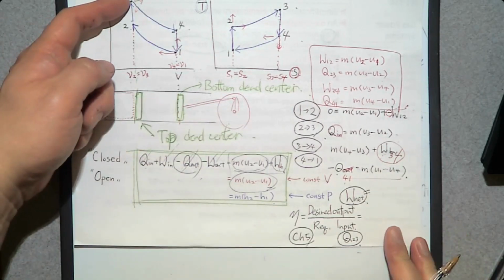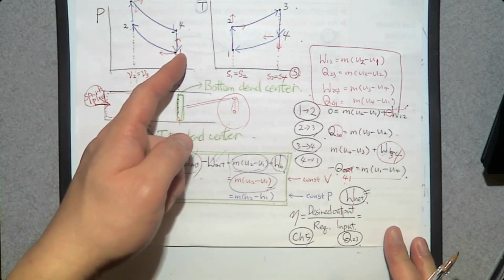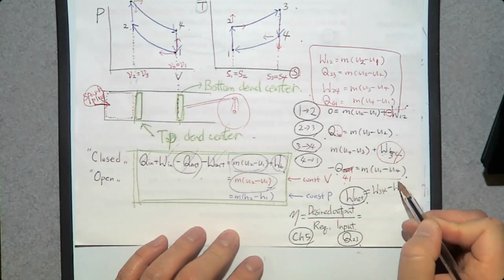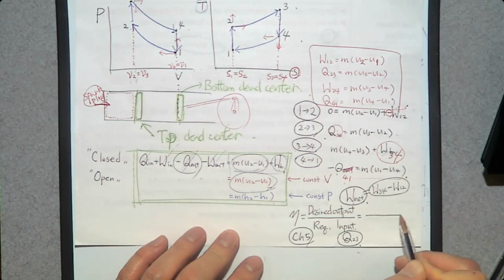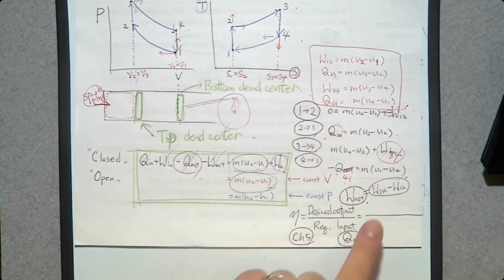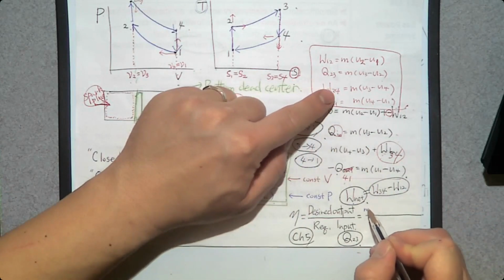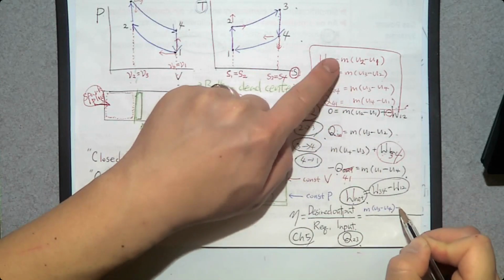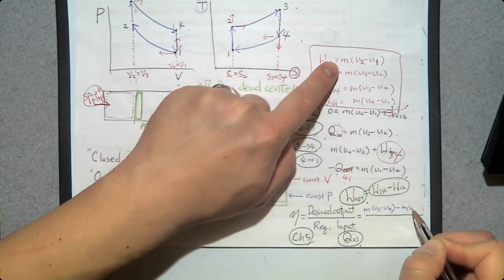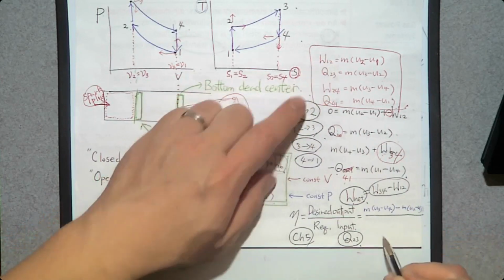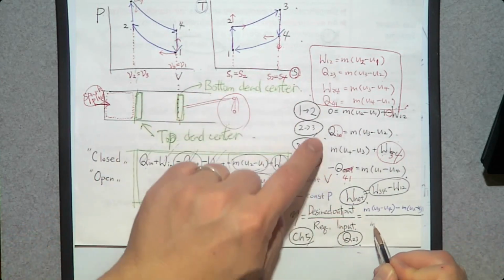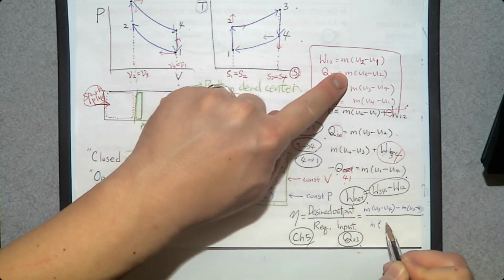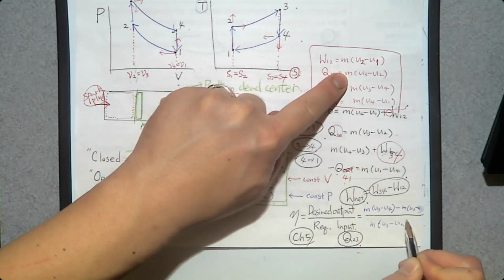So what is W net? We produce work between 3 to 4. We consume work between 1 and 2. So W net is going to be W34 minus W12. So this desired output is going to be W34, this one, m times U3 minus U4, minus W12, m times U2 minus U1, divided by required input, Q23, this one, m times U3 minus U2.